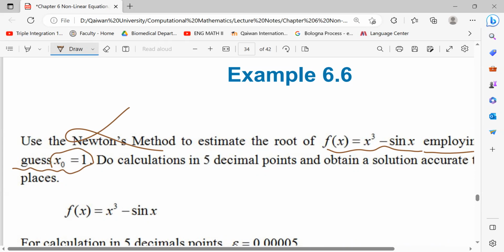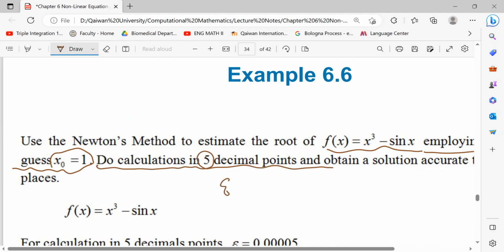Secant method works on 2 points, bisection works on an interval, but here we have only 1 point. So you should recognize that we need to use Newton's method. And it says do calculations in 5 decimal points.